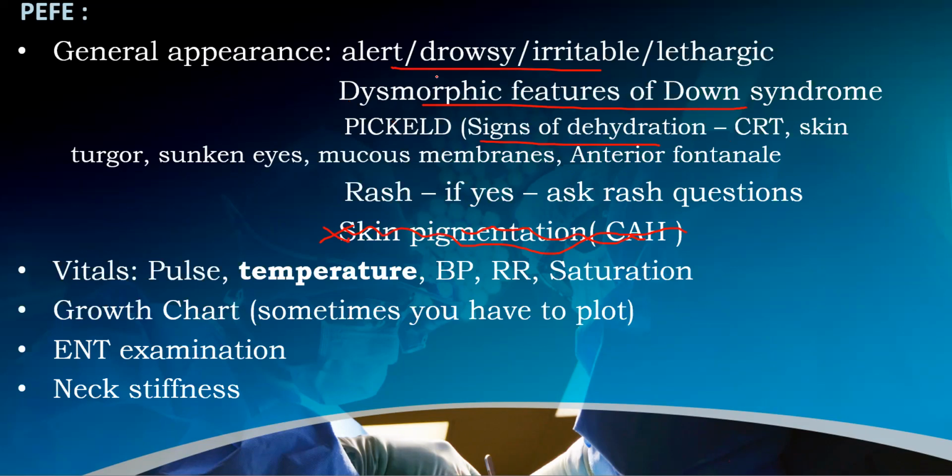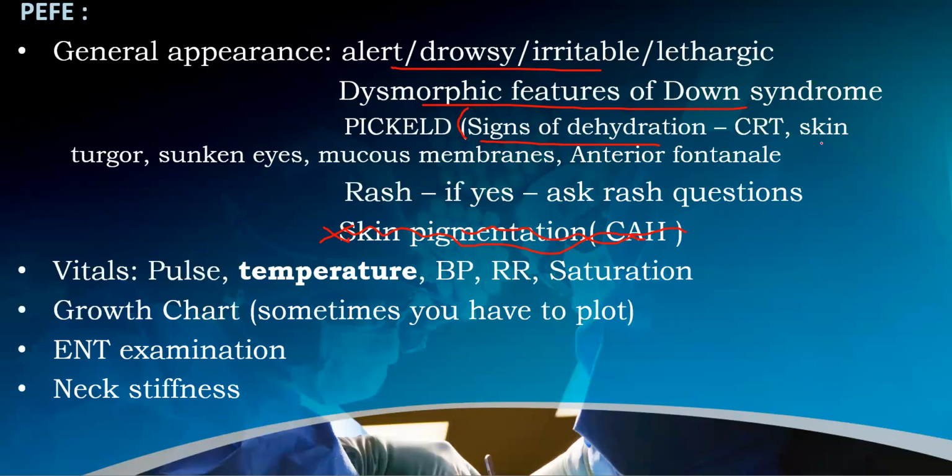So mental status: active, alert, or drowsy. Any dysmorphic feature of Down syndrome. Ask about pallor, icterus, and signs of dehydration. Now, sometimes in a face-to-face exam, the examiner can ask what you are looking for in the signs of dehydration. Then you have to say that I'm looking for any sunken eyes, dry mucous membrane, any depressed anterior fontanelle.